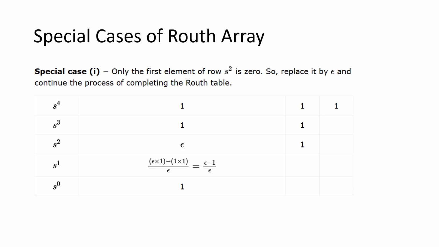If we replace this 0 by xi, that will be xi into 1 minus 1 into 1 by xi. So the element we get here is xi minus 1 by xi. And for the last element, 1 into 1 minus 0 into xi by that element, so obviously we get 1. This completes the first column of the Routh array.